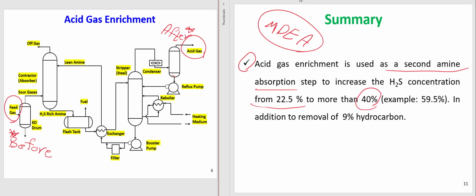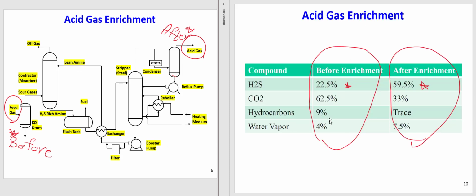In this example, it was about 60%. And at the same time, it will remove hydrocarbons. You see that at the beginning, the hydrocarbon content is 9%, at the end it is very low, it's trace. So it's a good process.